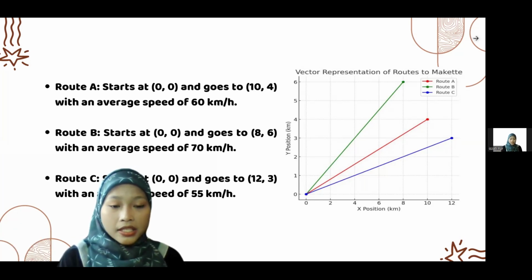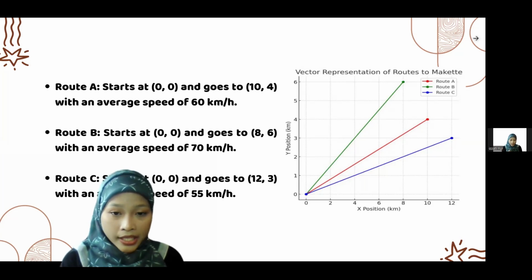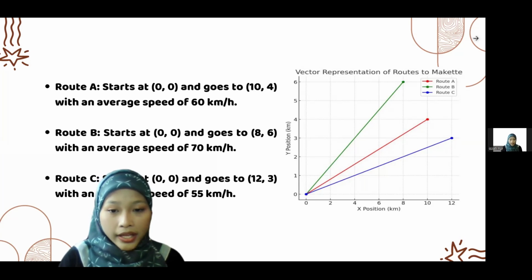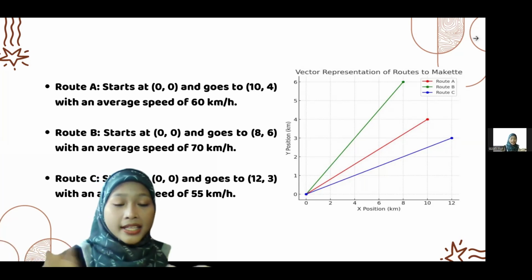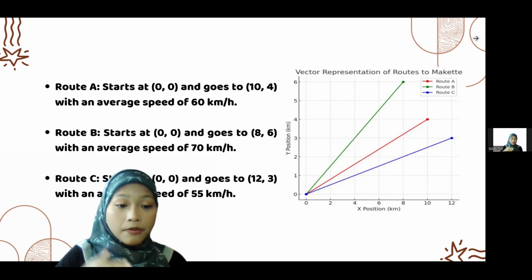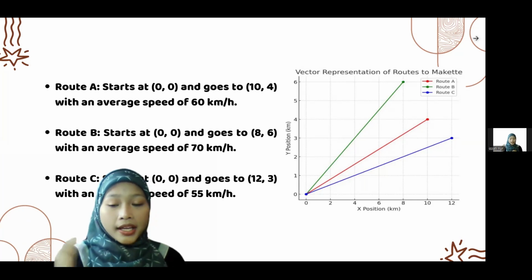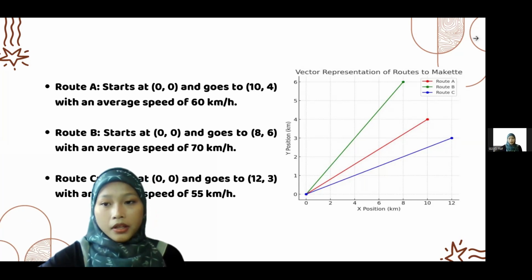Route C also starts at coordinate 0, 0 and goes to coordinate 12, 3, which is 12 kilometers to the right and 3 kilometers upward. He needs to use an average speed of 55 kilometers per hour to reach Makete by 8 p.m.